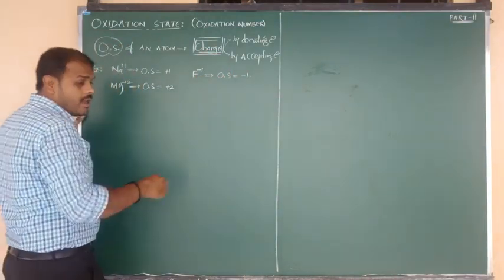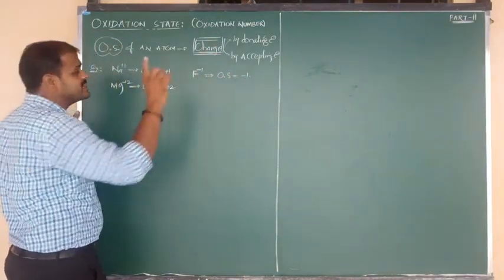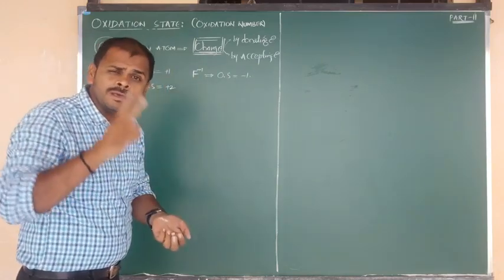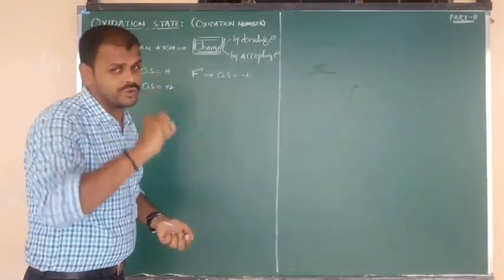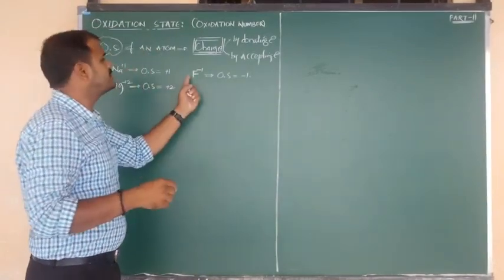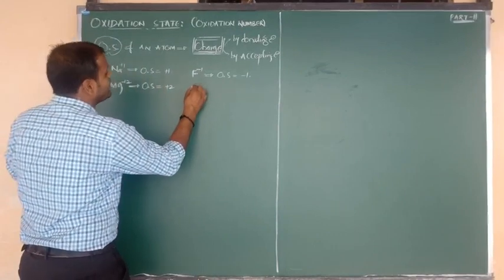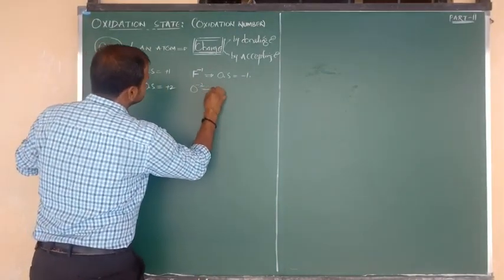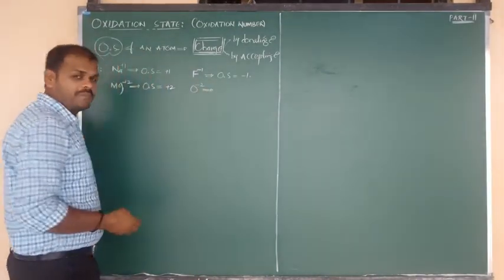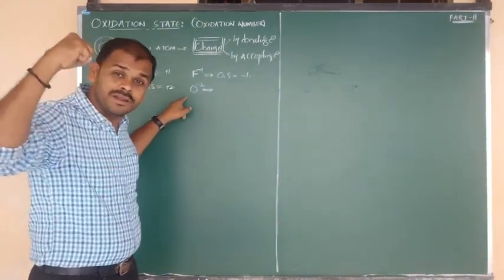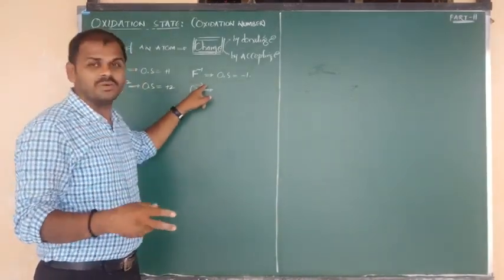Another one: the highest electronegative element is fluorine. The second highest electronegative element in the entire periodic table is oxygen, but it can accept a charge of only -2, because oxygen's atomic number is 8. To get the stable neon configuration, it requires 2 electrons.